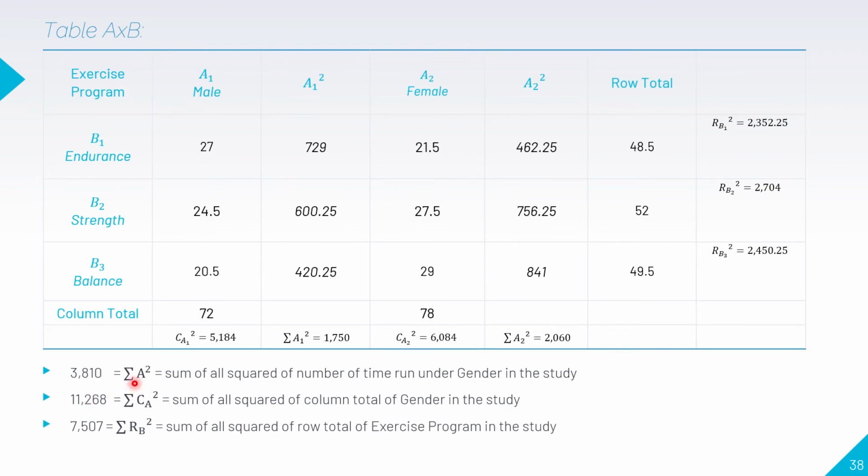Now let's find our summation of A squared, the sum of all squared number of times run under gender in the study. In finding this one, we just need to square our values under the gender and our endurance. So 27 squared is equal to 729. Square this one, we have this answer. Square this one, we have this answer.